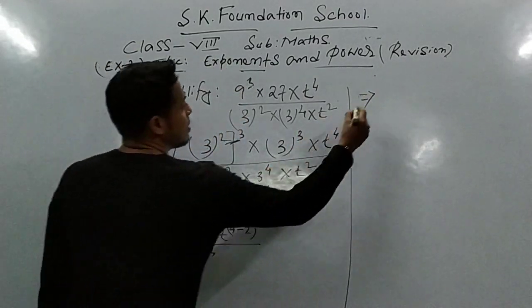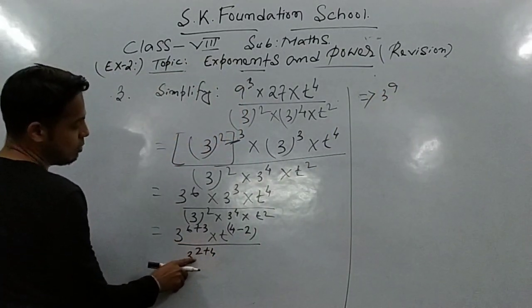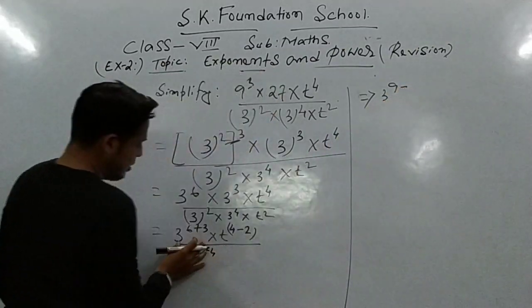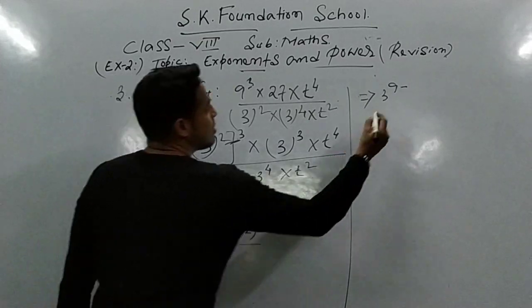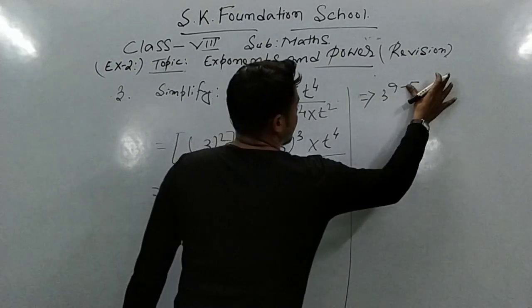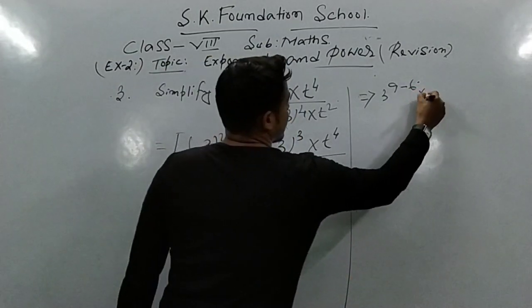3 to the power 9, this one, and this one 3 to the power 2 plus 4 means 6. So this part and this part they are in divide form, that's why powers are subtracted. So 9 minus 6, 2 plus 4 is 6, and t square.